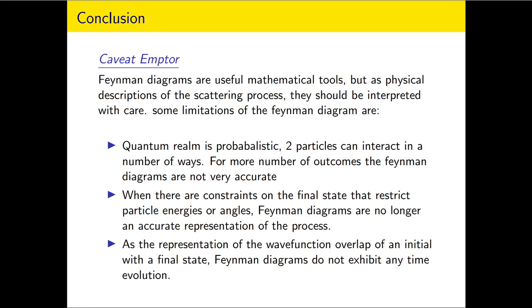When there are constraints on the final state that restrict particle energies or angles of collision, the Feynman diagrams are no longer an accurate representation of the process. And lastly, as you've already guessed, the Feynman diagram doesn't exhibit any time evolution. It doesn't tell us how the particle evolves. It is just a representation of wave function overlap of the initial state and the final state. Next slide, please.